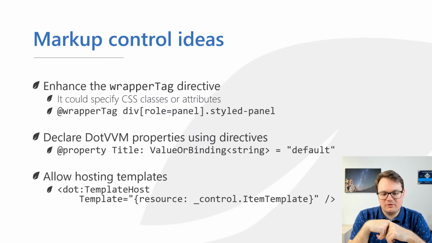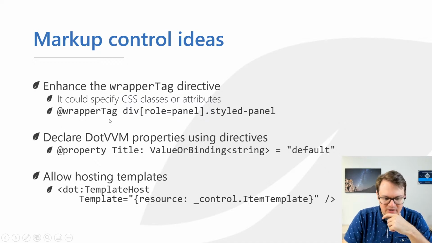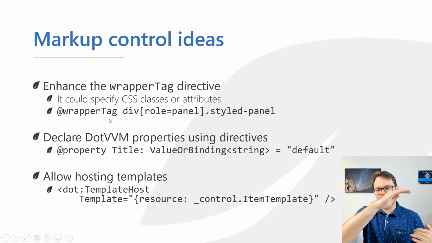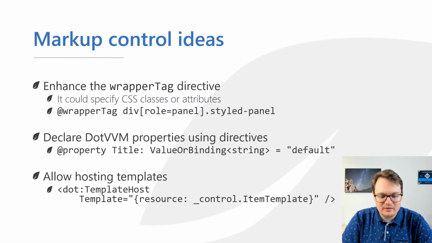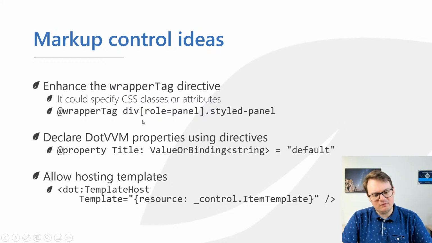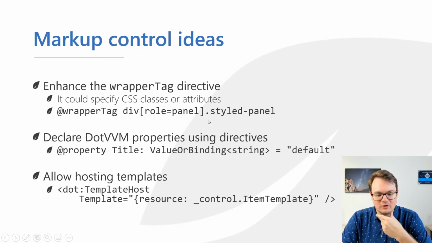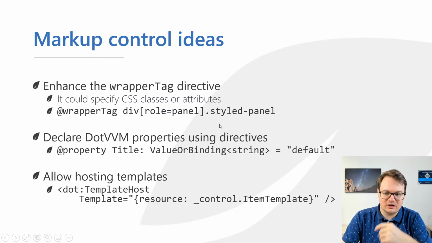And we were thinking about reusing the wrapper tag directive, which is present. So you can say, okay, the wrapper tag for this control is div. But we are thinking about adding support so you can say it will be a div, but set the role attribute to panel, and also this dot means it's a CSS class, it's the CSS selector syntax.